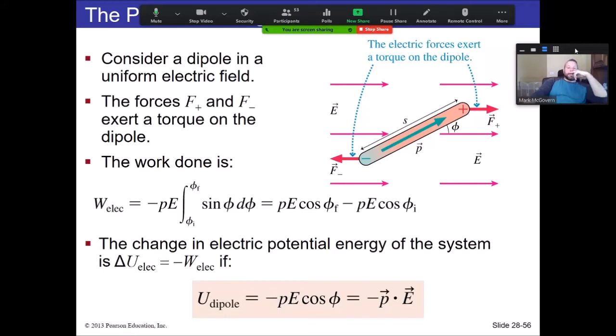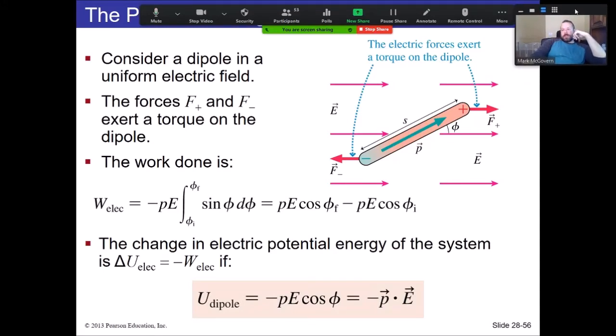All right, so we learned last class about the concept of electric potential, and we looked at a couple of examples of how electric potential works in a constant electric field for point charges.